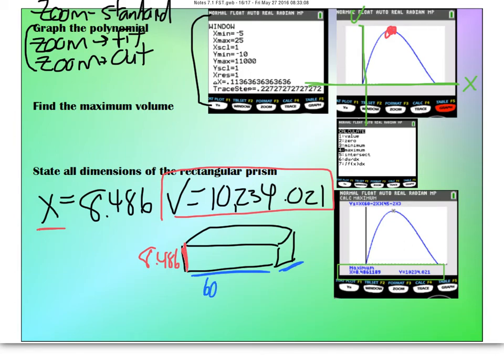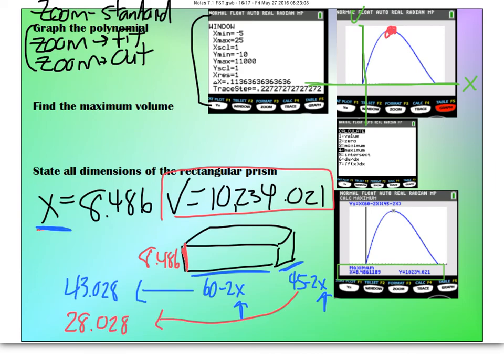This one said take 60 minus 2x. This one said take 45 minus 2x. So do that. Put the X value into these two expressions, and you will get the complete dimensions. So based on that, the dimensions are this value, and this value. So then I could go ahead, if I needed to, and fold my 2-dimensional sheet of cardboard into a 3-dimensional box without a lid.